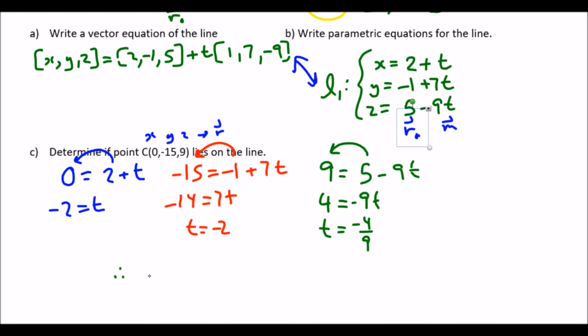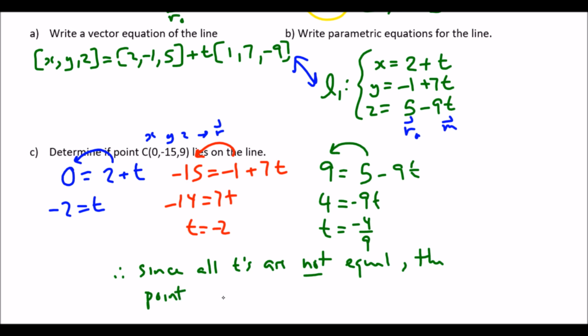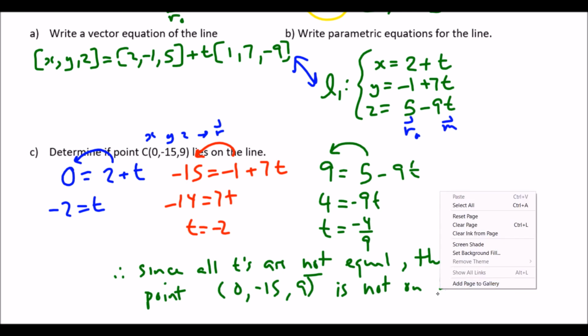So therefore, since all t's are not equal, the point 0, negative 15, and 9 is not on line 1.